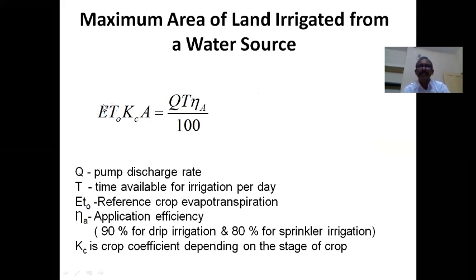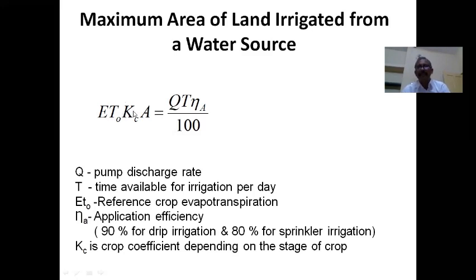In the basic sessions, these kinds of things are made available, because if you had not studied well, or if you don't want to go again and refer your earlier textbooks, here itself you can read it. So this is a reference crop evapotranspiration that comes in depth units, and this is a crop coefficient.